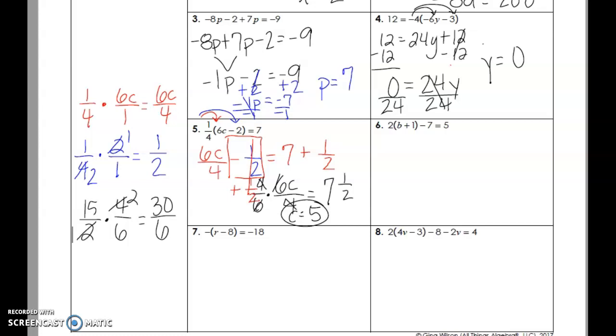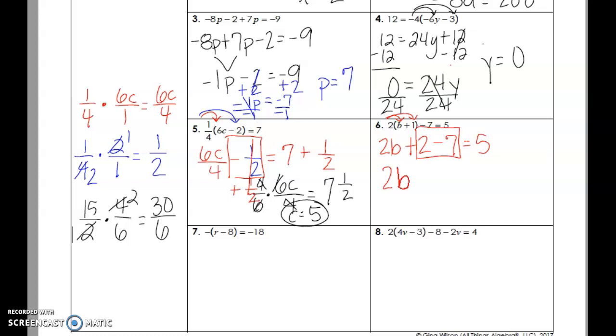Let's look at number 6. Now we're going to distribute 2. 2 times b is 2b. Bring down our addition sign. 2 times 1 is 2, minus 7 equals 5. Not only did we have to distribute, now we have to combine like terms. We can combine 2 minus 7.